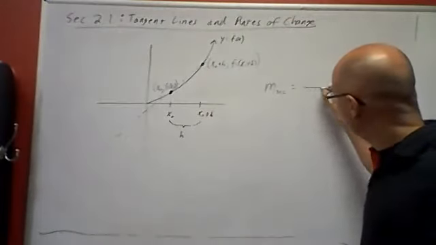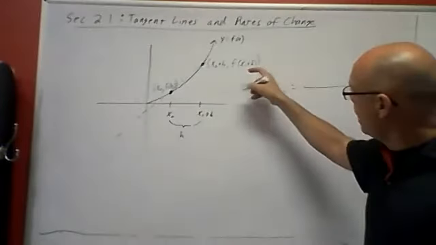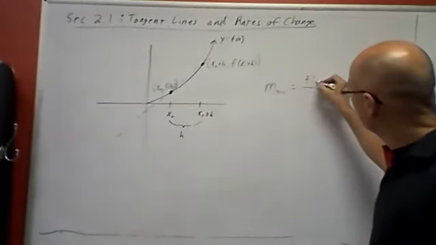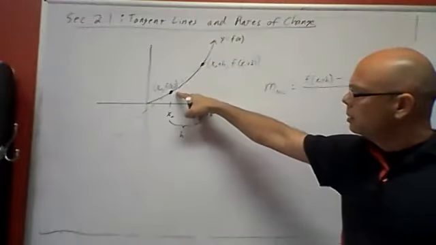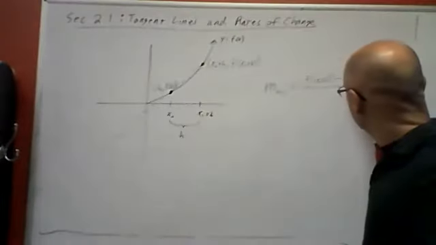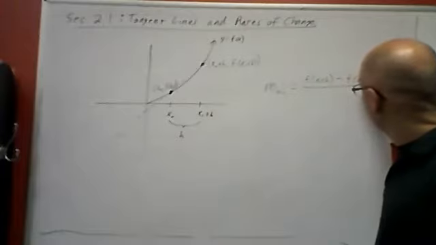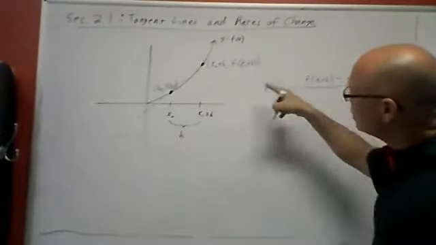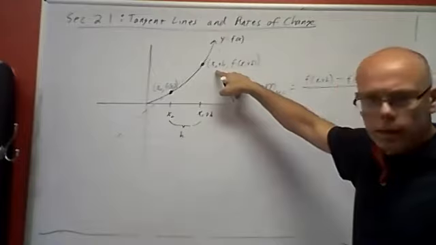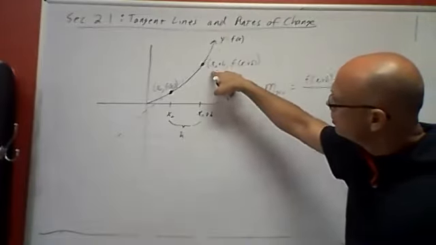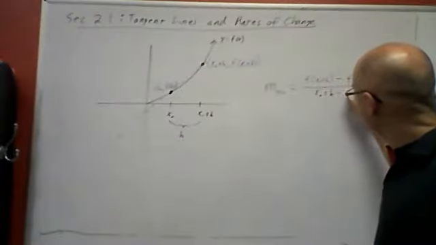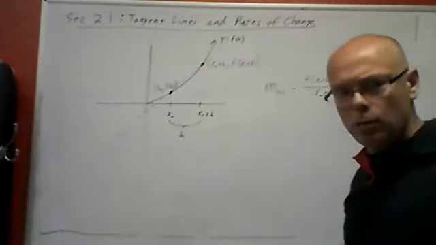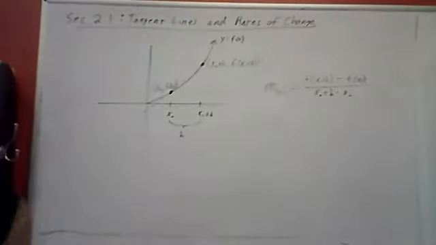Either way, it's this output, f at x naught plus h, minus that output, f at x naught, over change in inputs. So these x values, x naught plus h minus x naught. That's one way we could think of the slope of this line, okay?